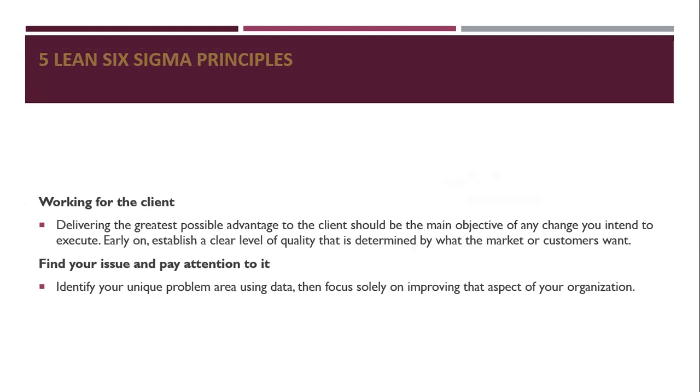Then identify the problem and pay more attention to it. Identify what is the common problem, and using the data based on the field survey, try to improve that aspect of your organization without losing the customer goodwill.